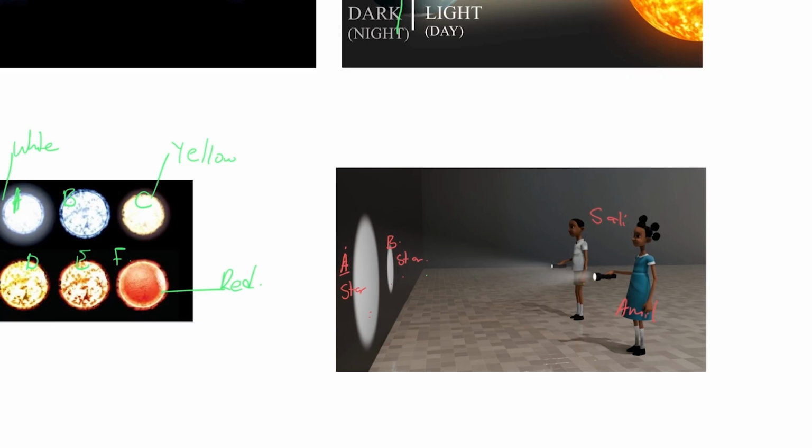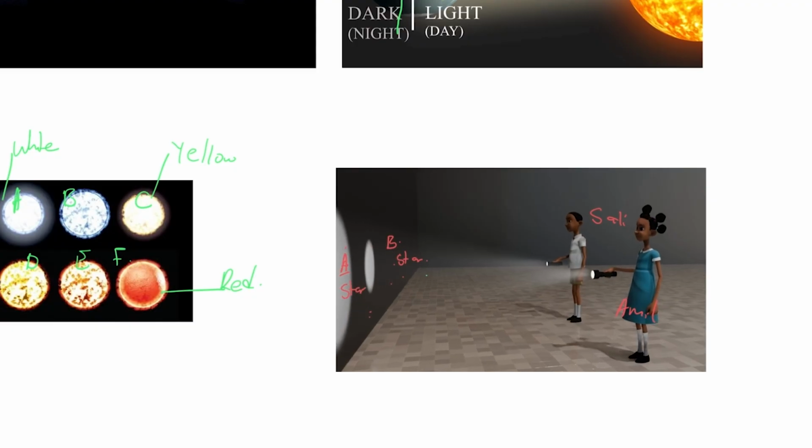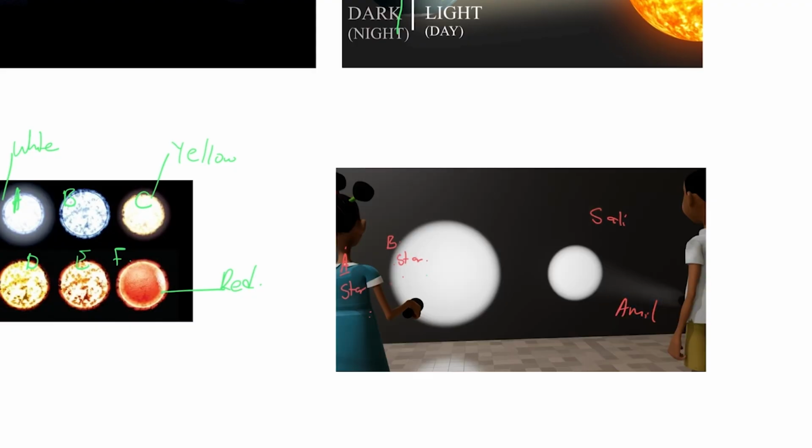These two torches are different in size. Now when you look at these two people, torch A is brighter than torch B. Why? Simply because torch A is bigger than torch B. Now even stars have the same characteristic, that a bigger star is brighter than a small star.